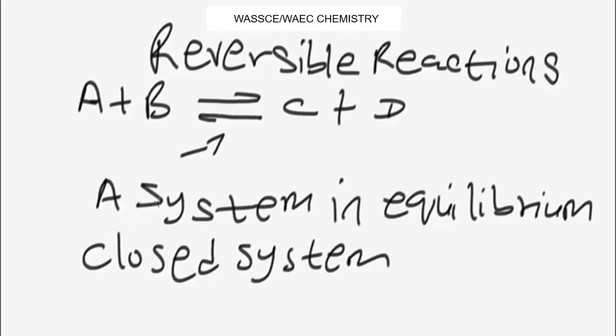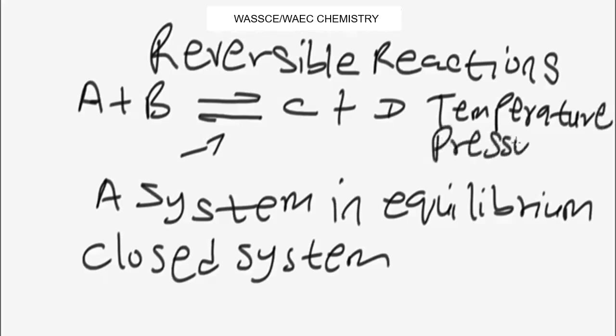Now, note again that the position of equilibrium can be on the right or the left of the reaction. Position of equilibrium depends on the following conditions. It depends on temperature. It also depends on pressure, and it also depends on concentration of the reactants and products.